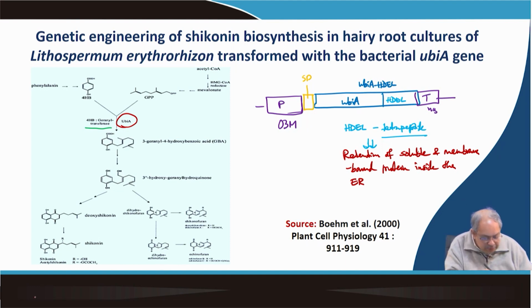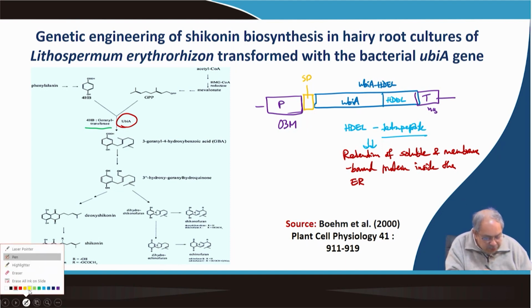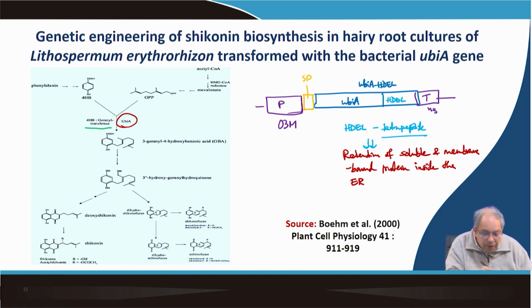So, that means when this gene is active, then what is going to happen is that this UBIA will make this GBA, which is 3-geranyl 4-hydroxybenzoic acid. This is subsequently converted into geranyl hydroxygeranyl hydroquinone, and then one pathway moves towards the formation of shikonin and the other pathway moves towards the formation of ecneophiran.